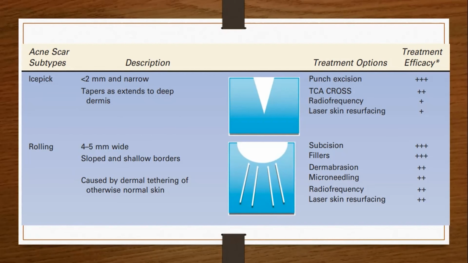Even TCA cross has been found to be very effective, and also radio frequency, and laser skin resurfacing or various laser treatments would be a better choice. Similarly, for rolling scar, subcision is found to be a good modality, along with filler treatment, dermabrasion, microneedling, and to some extent even radio frequency and laser resurfacing. Next, please.